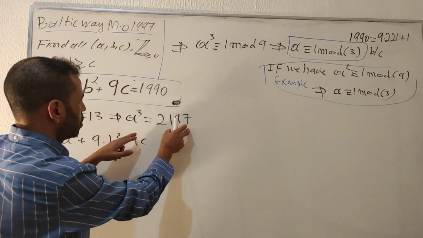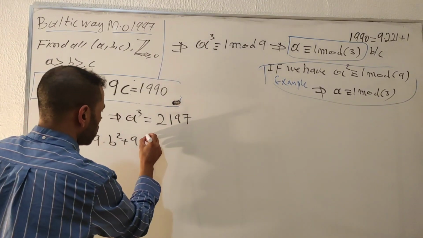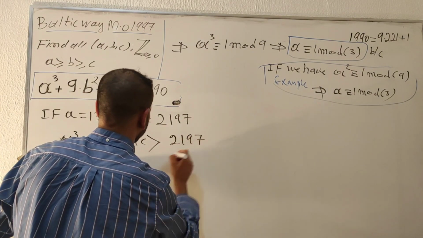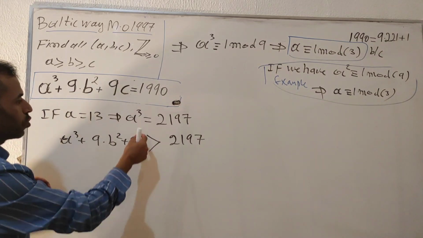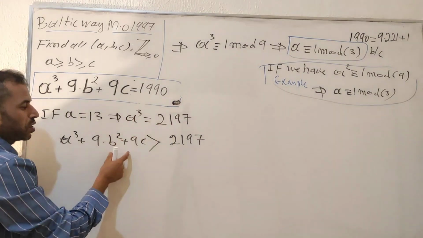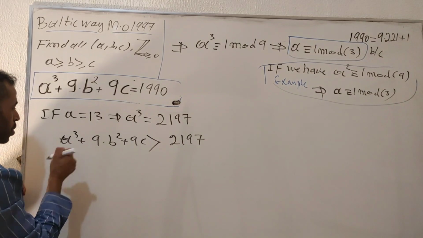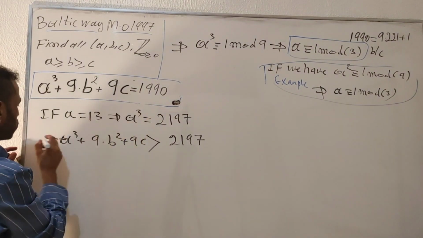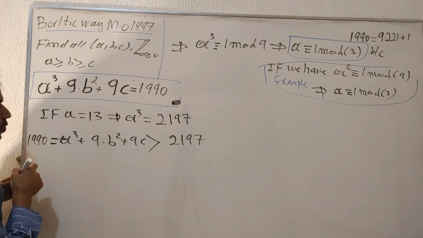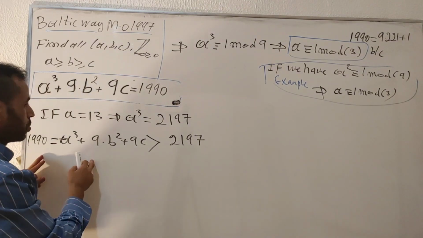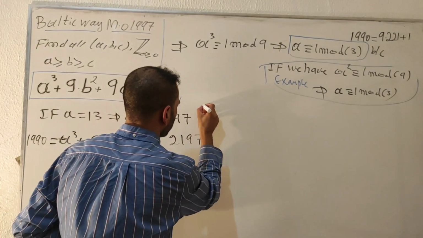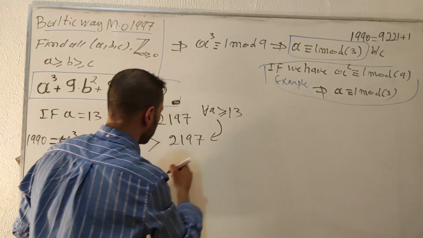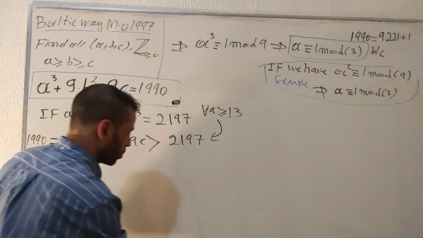Since this one equals this one, which means this one is bigger than 2097, because I have replaced only a cubed with this one, giving us this one bigger than this one, and we know this one equals 1990. Okay, so it's impossible for all a greater than or equal to 13, since this gives us this statement, which is impossible.